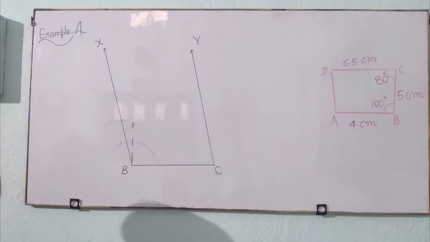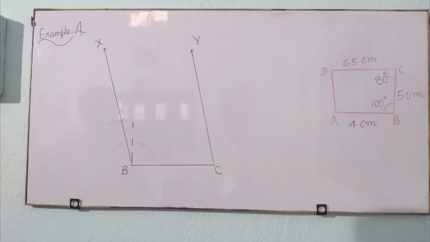Now here is point A, which is 4 centimeter away from B. Just measure 4 centimeter using your compass.